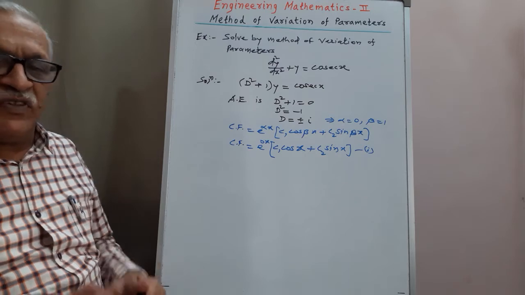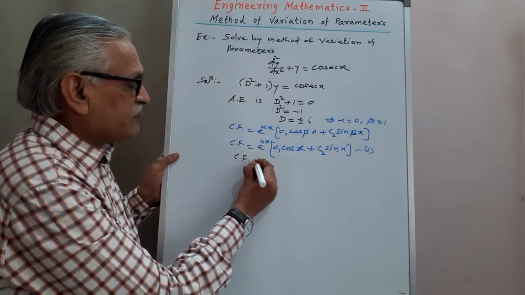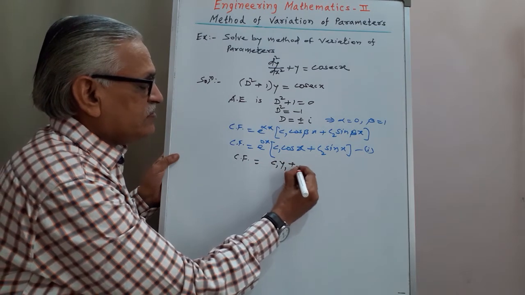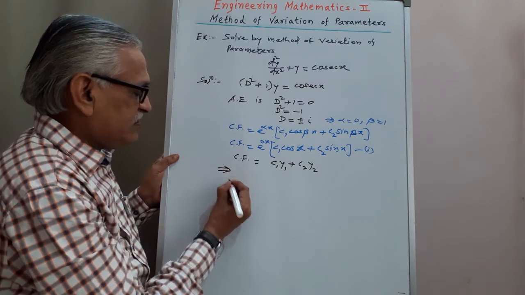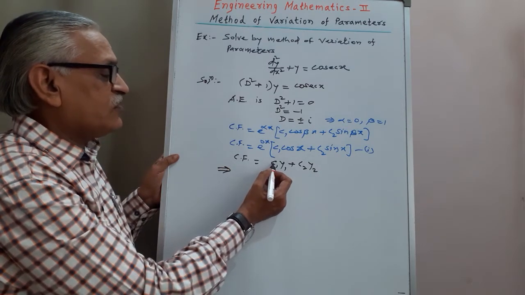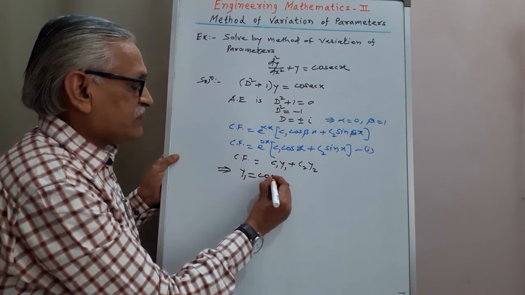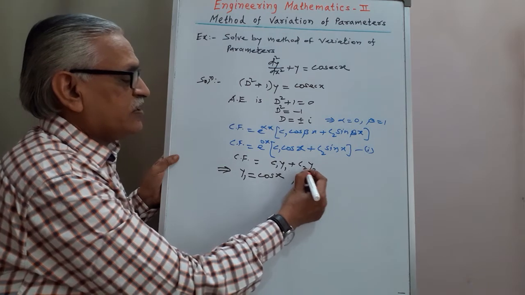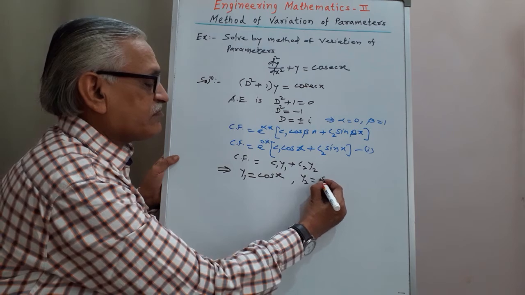This is the complementary function. Comparing this with the assumed CF, which is c1 y1 plus c2 y2, we get y1, the coefficient of c1, as cos x, and y2, the coefficient of c2, as sin x.